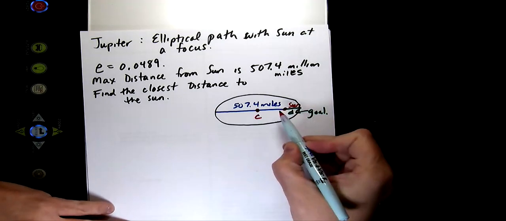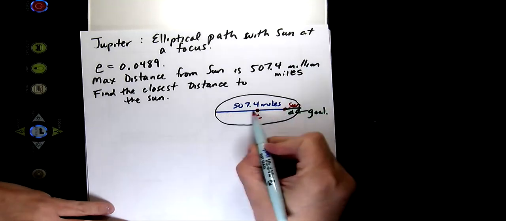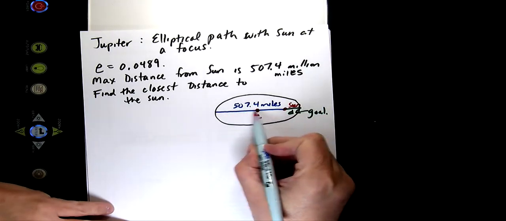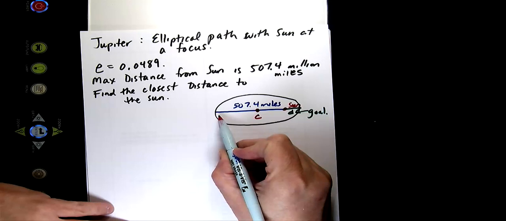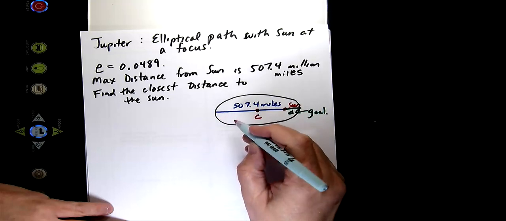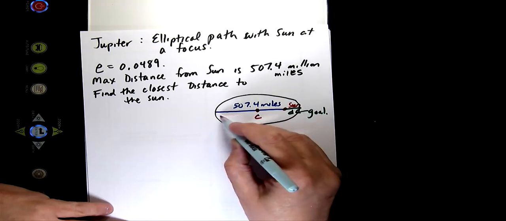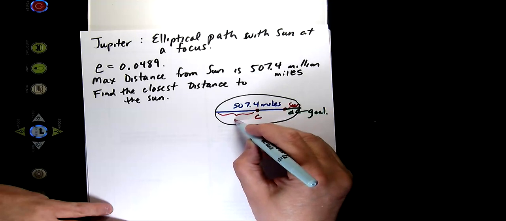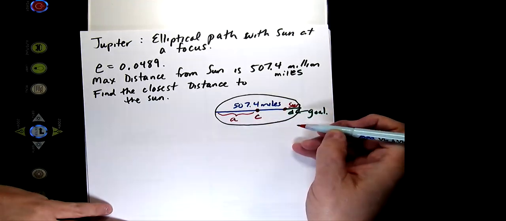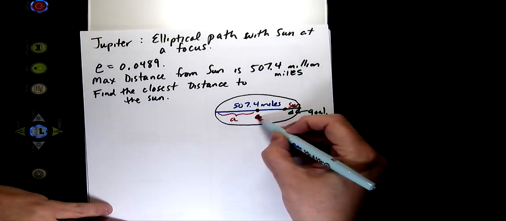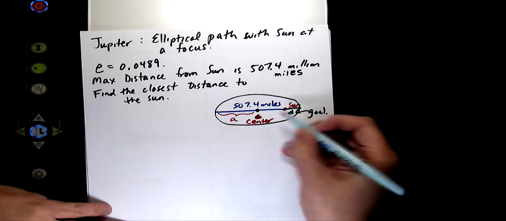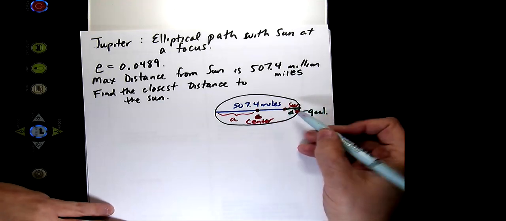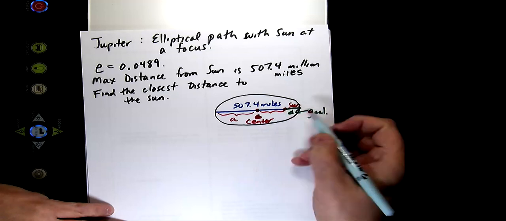What is this distance right here, from the center to the left, in terms of a regular equation? Just A, right? I don't want to write center, because I don't want to write C. This distance here is what?